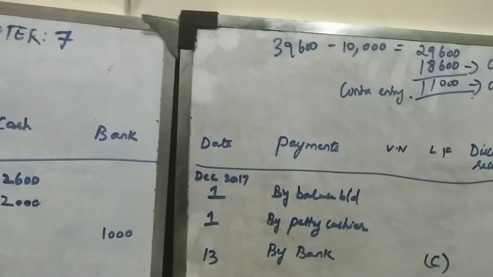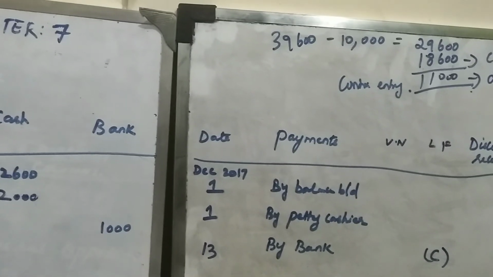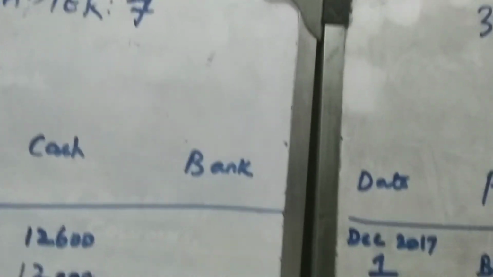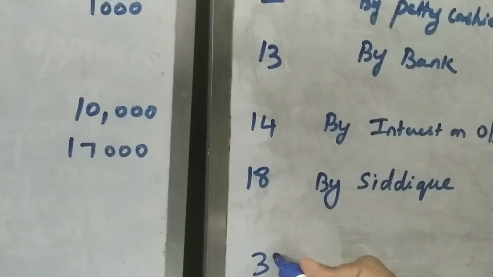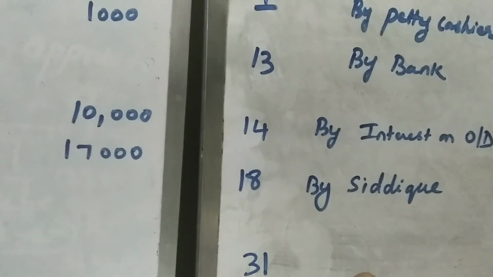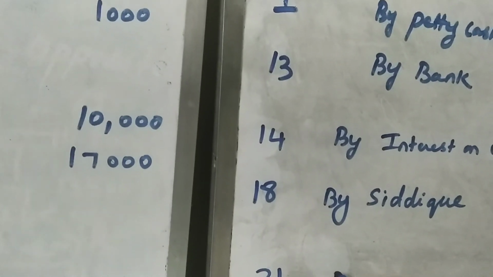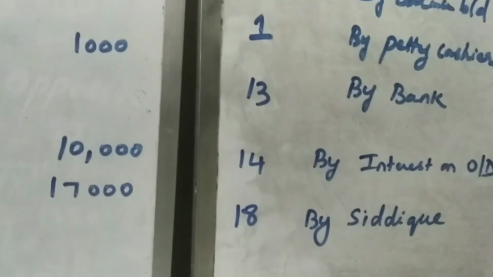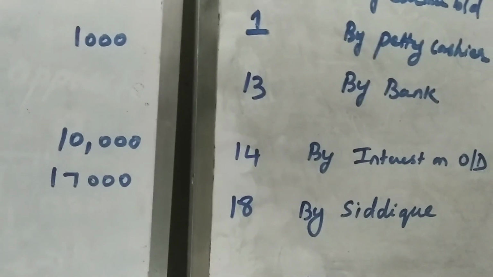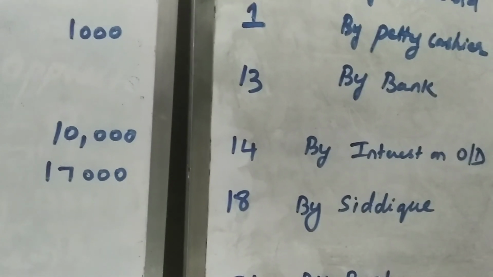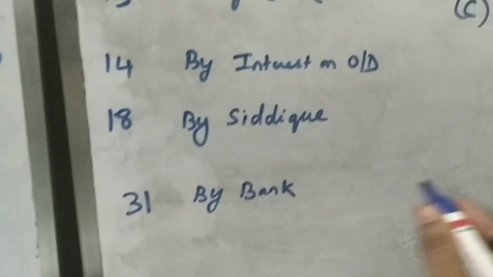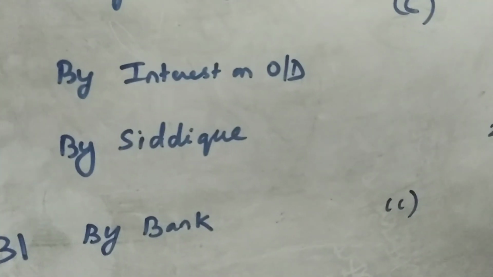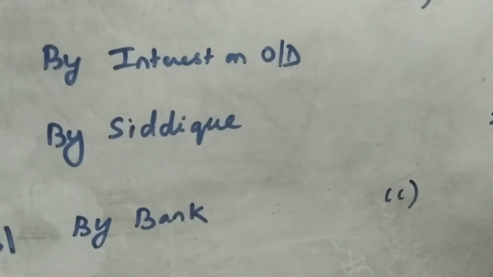When you deposit cash into bank, you will have contra entry. So on 31st of December, we are going to make the contra entry for this 11,000. When you are depositing into bank, you will write by bank. Put a C in the LF column and write that 11,000 in the cash column.